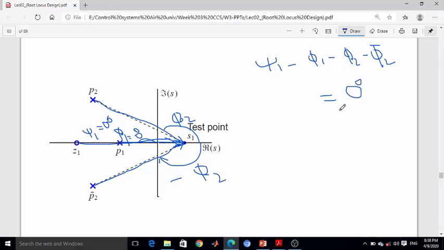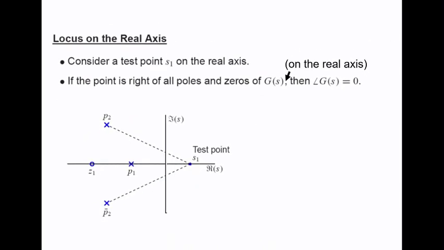So what happens if such a case appears? Now this is the conclusion: if the point is to the right of all poles and zeros of G(s), which is this case, then the angle of G(s) is equal to 0. This is very easy, because each time we don't need to draw these vectors and measure the angles, since this would be tedious for every point.